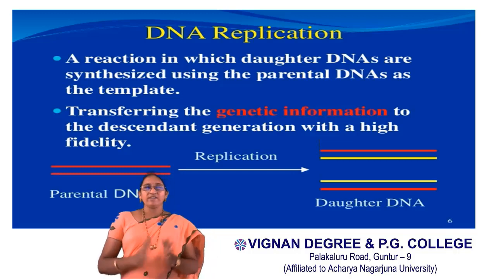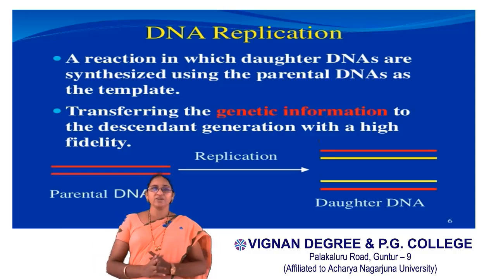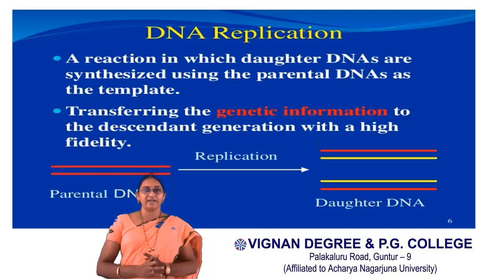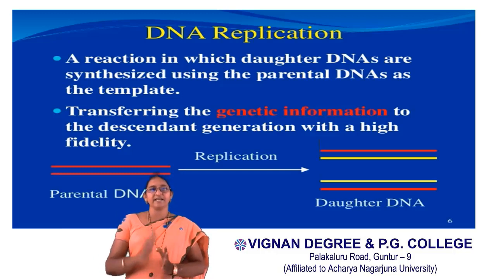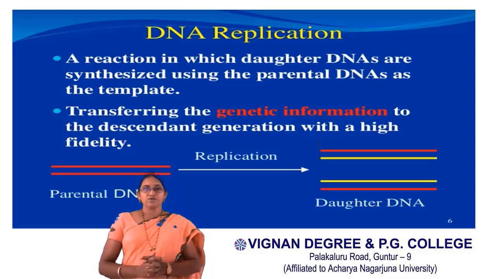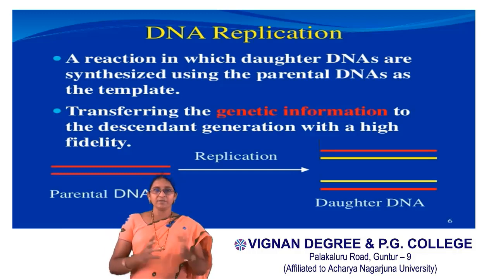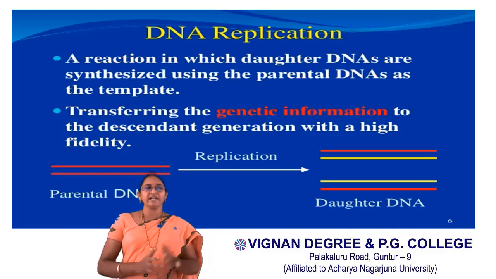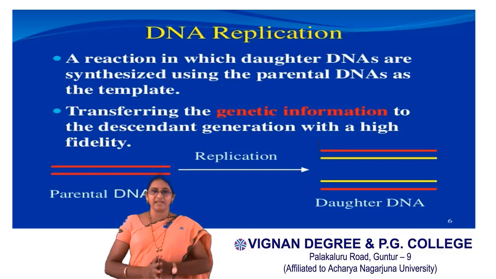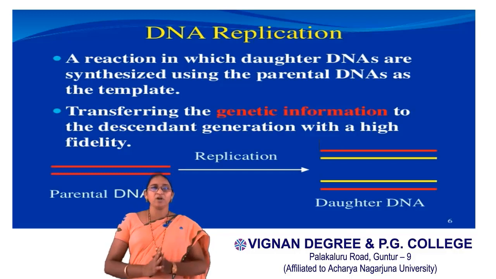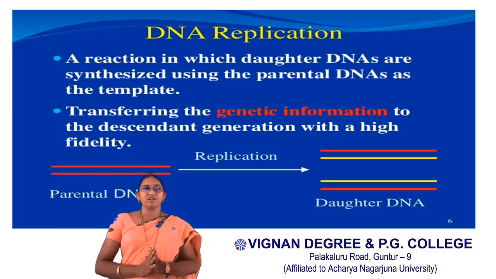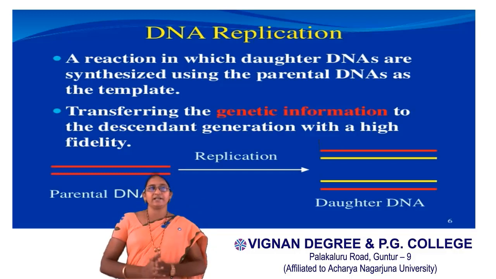So what is replication? Replication is duplication of the DNA to produce two DNA molecules from the single DNA molecule. At present we know that from a single DNA molecule, two DNA molecules can be produced. But exactly how a DNA molecule undergoes replication was not known in the initial days.